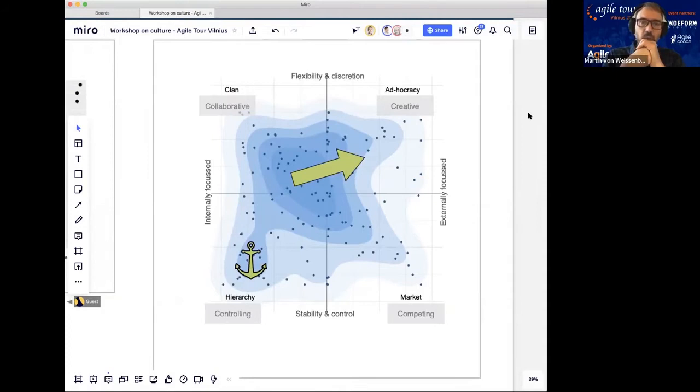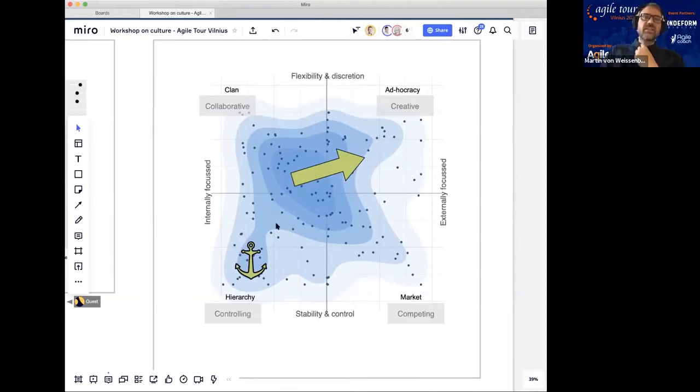Now, what we are seeing here is movement, and let me explain a little bit. We are seeing that the newer dots, because we ask people to submit this survey over time, are coming here in the Adhocracy corner or up above the line generally, and the oldest ones are down here in hierarchy.